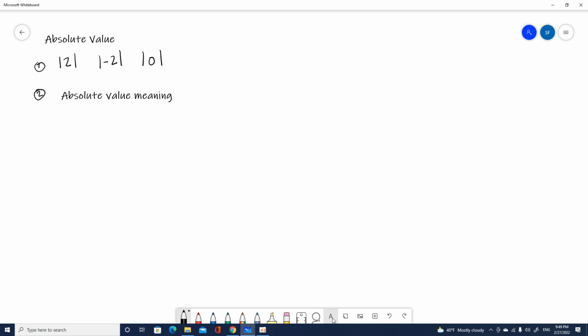Absolute value means the distance from this point to the origin point, the distance.